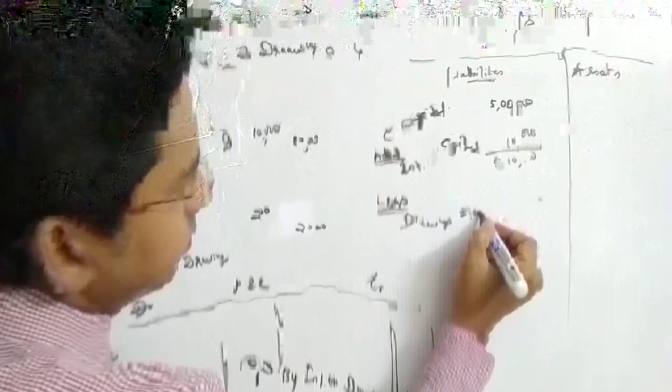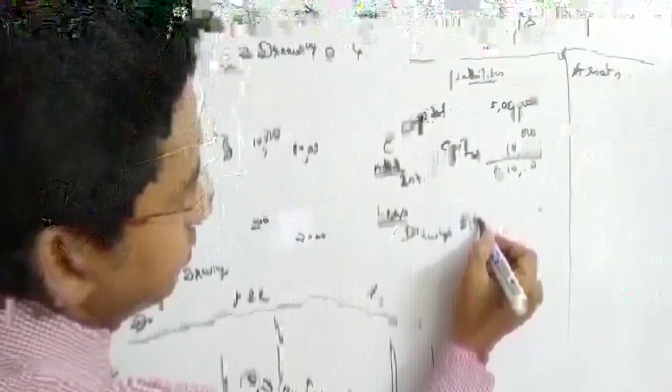So the total is 52,000. So what we have to do is reduce it from this amount. So the new adjusted capital is 4 lakh 58,000. 4 lakh 58,000 is the new capital.